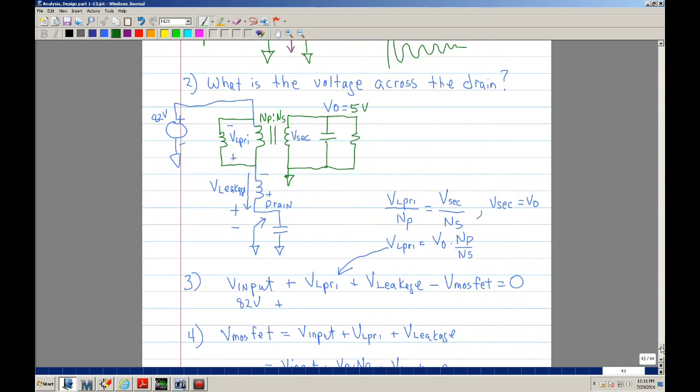Okay, so here we have this schematic. Okay, and what I did is I went ahead and brought this the source out here, so you can do a Kirchhoff voltage loop. Okay, and if you go in this direction, okay, you can see that you exit the positive, and we can call these V input.